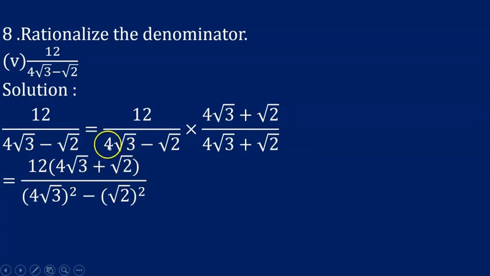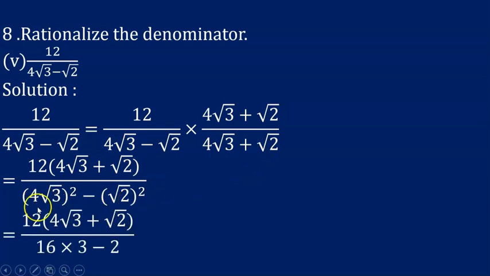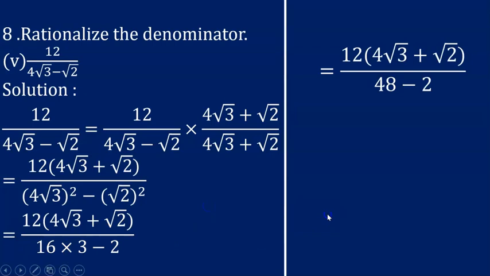And what about the denominator? 4 root 3 minus root 2 into in next bracket 4 root 3 plus root 2. Then here you will get here 4 root 3 bracket square minus root 2 bracket square. Now the square of 4 is a 16, root 3 square is a 3, root 2 square is a 2. Okay. Next 16 into 3. Then you will get here 48 minus 2.